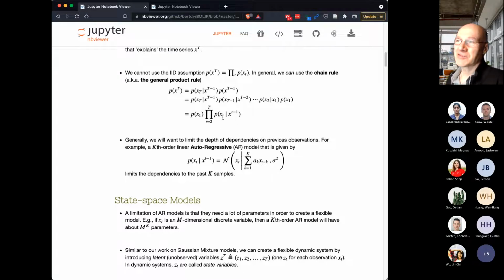We need to say, well, x of t at t is 1,000 doesn't depend on x1 and x2. It just depends on the last 5 or the last 6 samples. So then you get an autoregressive model. That limits the dependency, a constraint to make this all computationally doable. So we say x of t is really just a function of the last k samples.